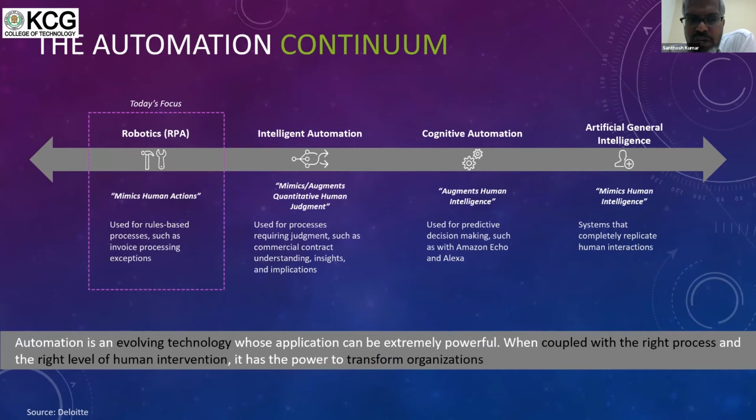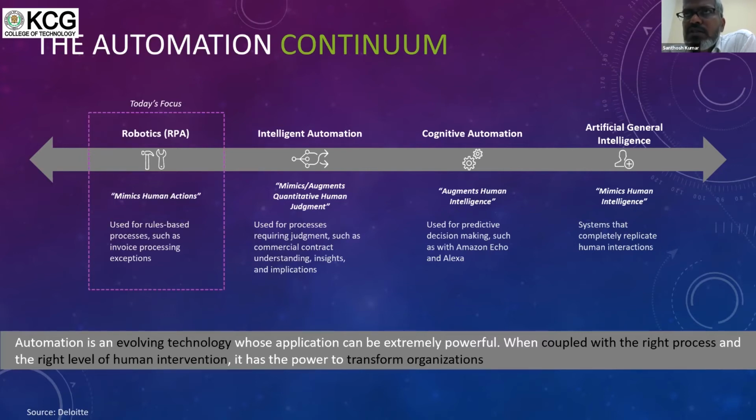The lowest denominator is robotic process automation, where you define the rules saying this is what a human being does, so the computer needs to repeat whatever the human being does. If there are any deviations from the input given, it will not perform that particular action.